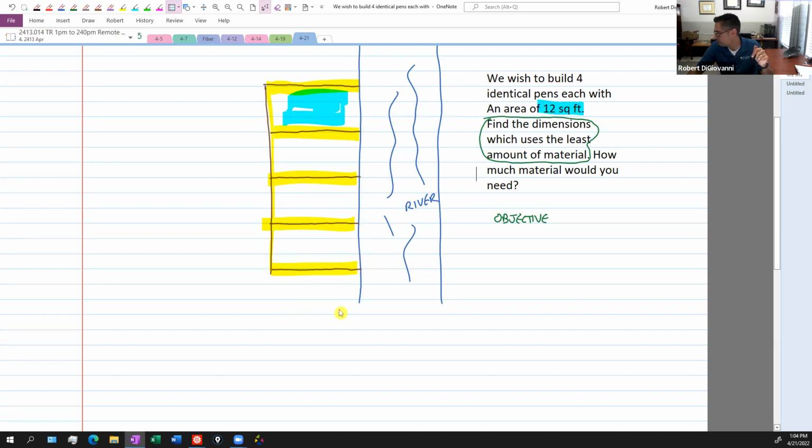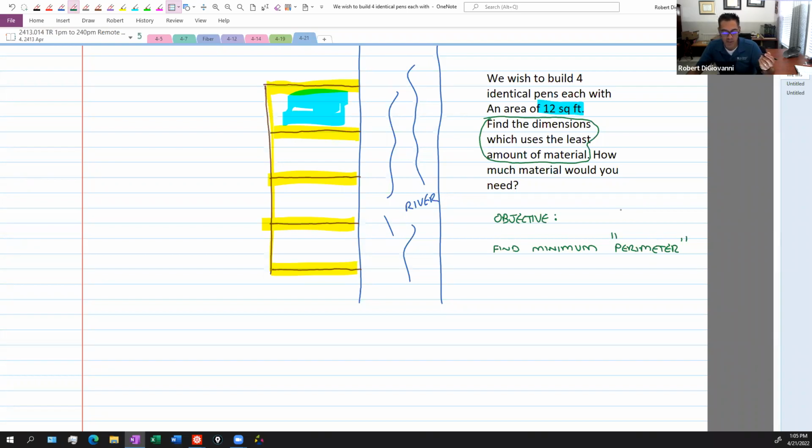So the objective is to find the minimum perimeter. And again, I'm using that word perimeter loosely here because I don't really mean the distance around. I just mean the total sum of all the fences.